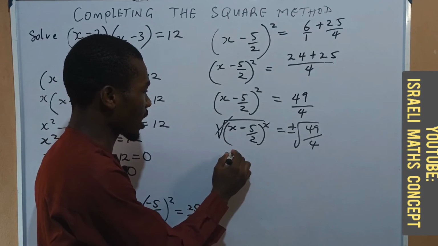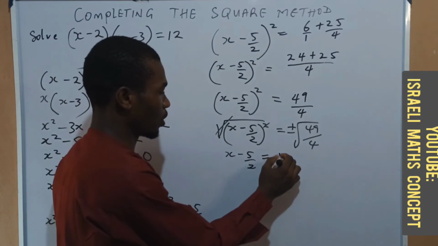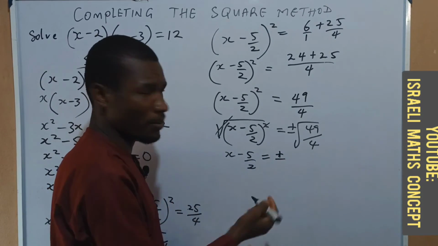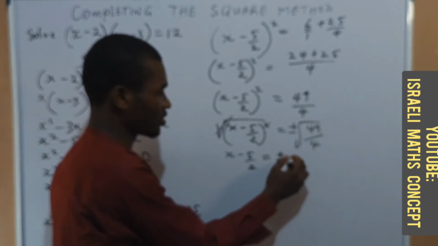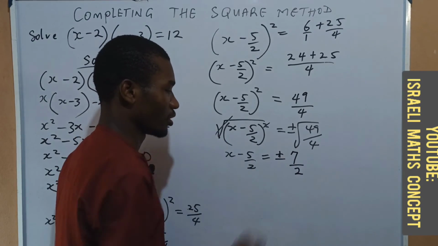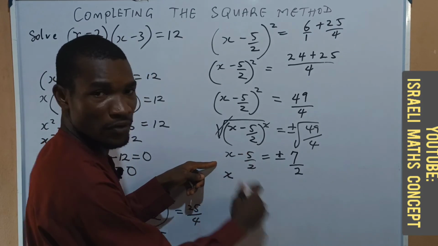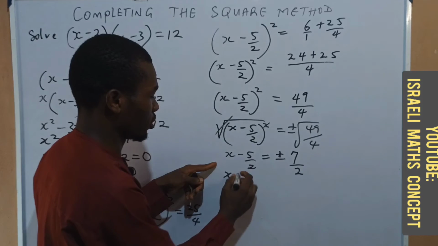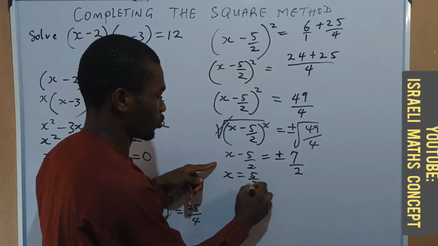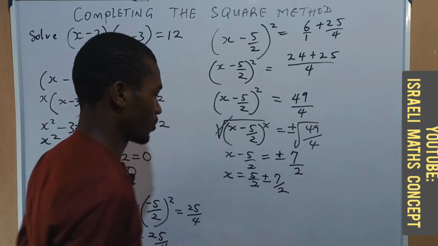Then we are left with x minus 5 over 2, and that is equal to plus or minus. Remember, square root of 49 is 7 all over square root of 4 is 2. Then we have x. Taking negative 5 over 2 to the right hand side of the equation, it will now change to positive 5 over 2, then plus or minus 7 all over 2.